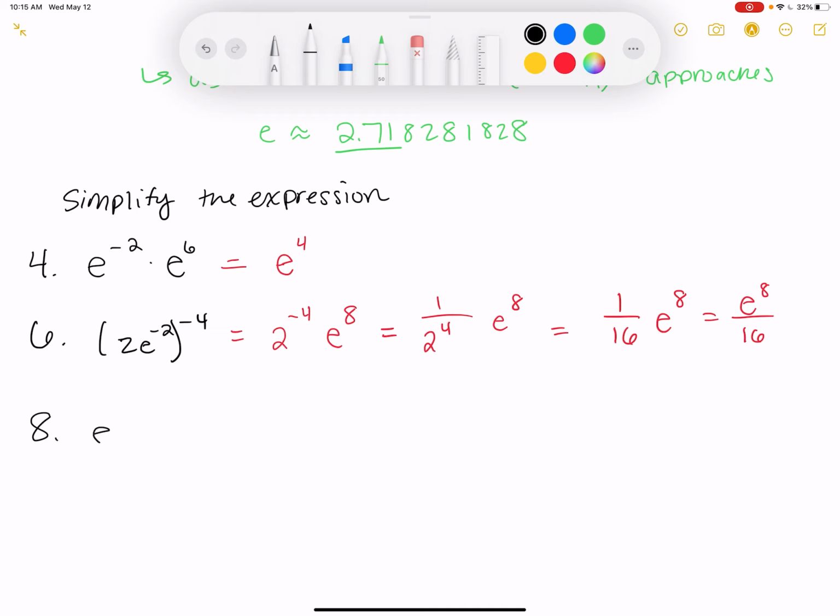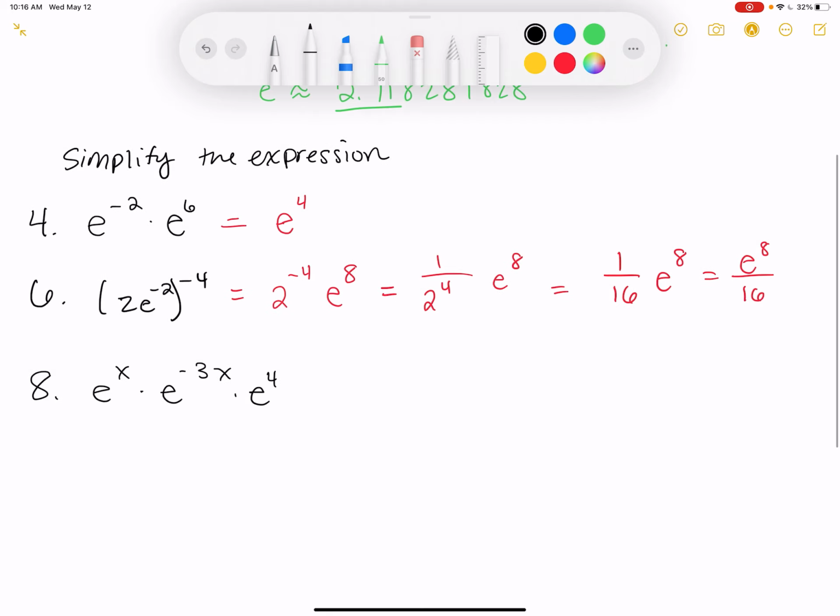All right, number 8: e to the x times e to the negative 3x times e to the 4th. Ideas on what to do here? How about you simplify the x's?